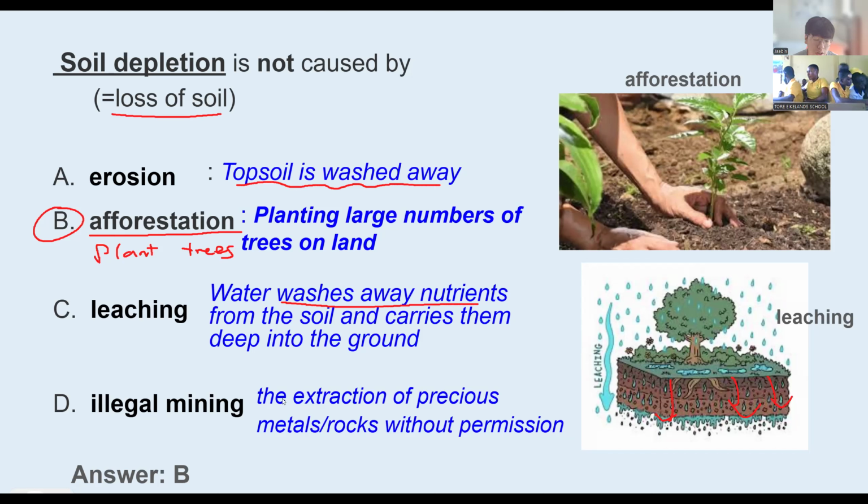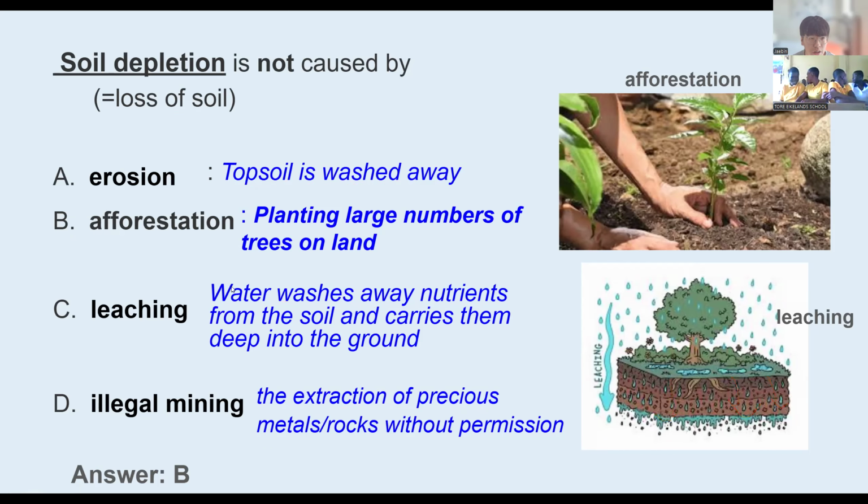And of course, illegal mining can in part cause soil depletion, because when doing mining we're extracting precious metals or rocks, without permission in illegal cases. But what you're doing by mining is you're removing the soil. You have to remove the soil to get the metals and the rocks. That's why the answer is B.